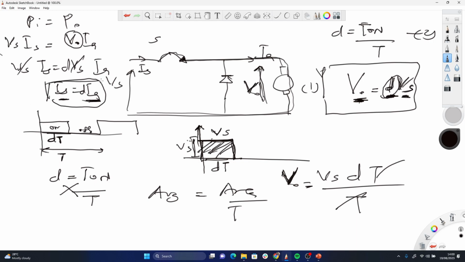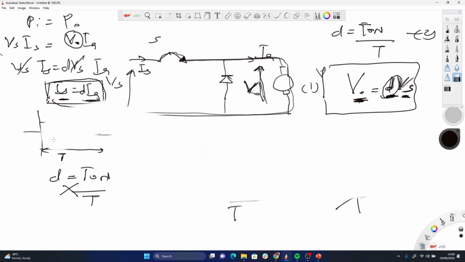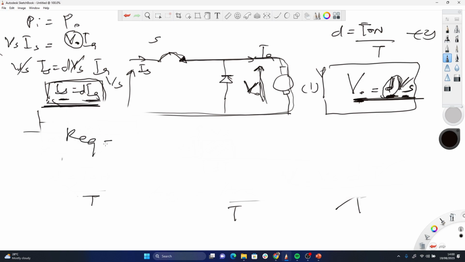This formula here. We know V naught is delta Vs, and we know Is is delta Ia. Now let's find the equivalent resistance seen by the source. The equivalent resistance seen by the source is Vs over Is.